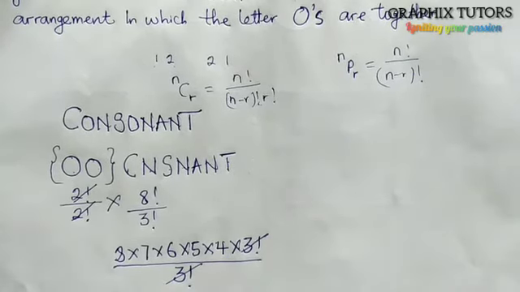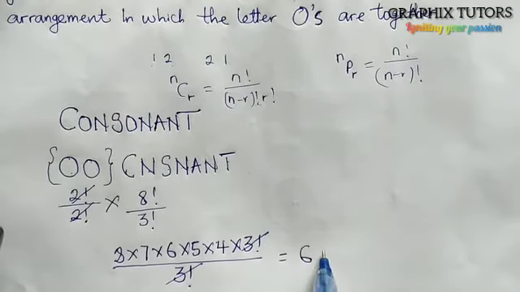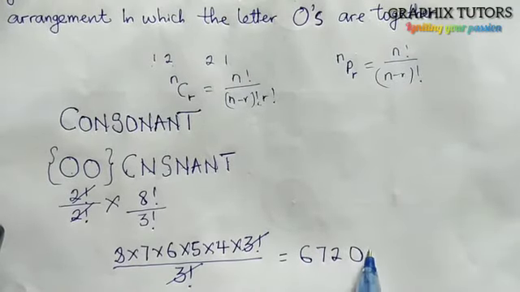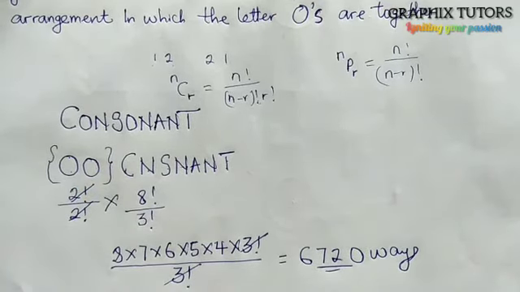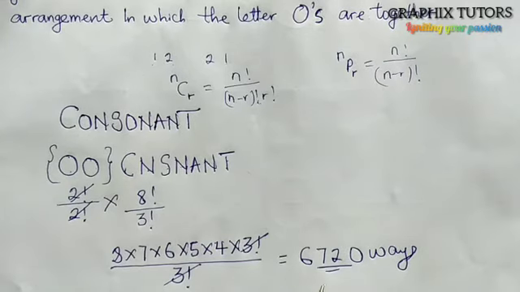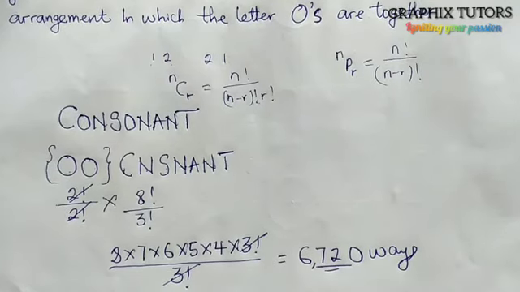Left with 8 times 7 times 6 times 5 times 4, and that will give us 6,720 ways. So when the O's are together, the number of ways at which they can be arranged is 6,720 ways.